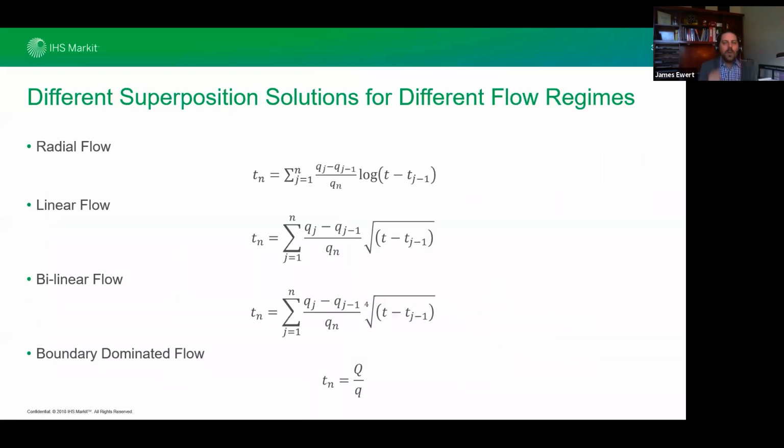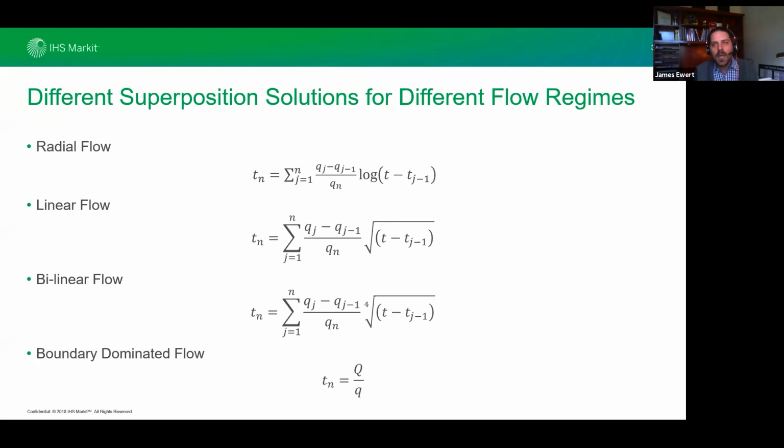I want you to know that there are different types of superposition time. There is a superposition time developed specifically for radial flow. There is one specifically for linear flow. There is one for bilinear flow, and there's also one for boundary-dominated flow. What I want you to know is that the boundary-dominated flow superposition time is the one that most people hear about or use or talk about.